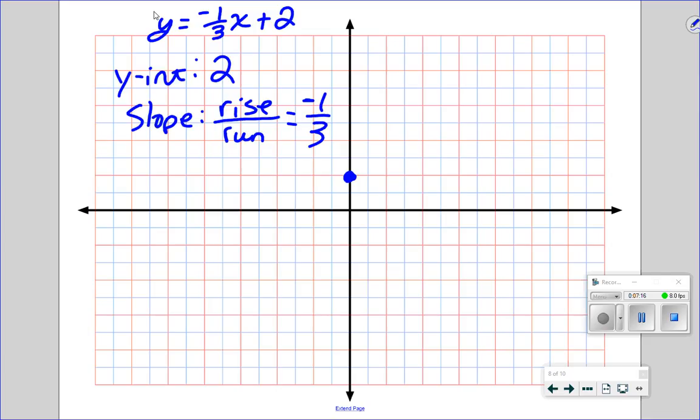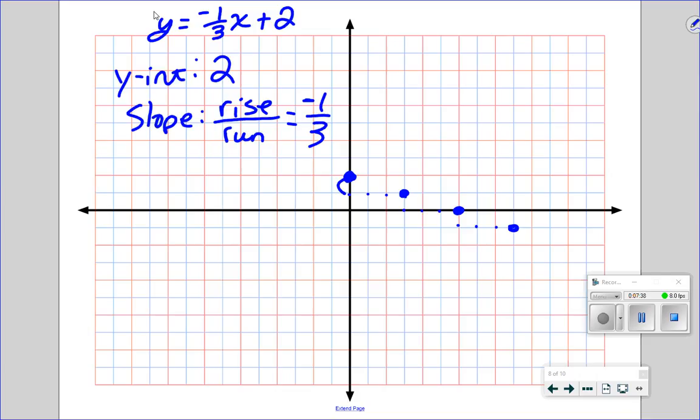So -1 over 3 means go down 1, over 3. Just like that. So down 1 and then over 3. From this point, I'll go down 1 over 3, down 1 over 3. And that's how you keep going.